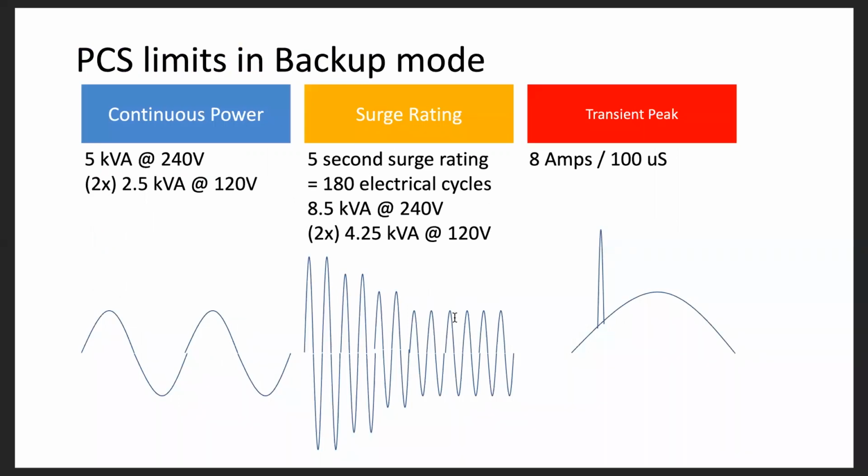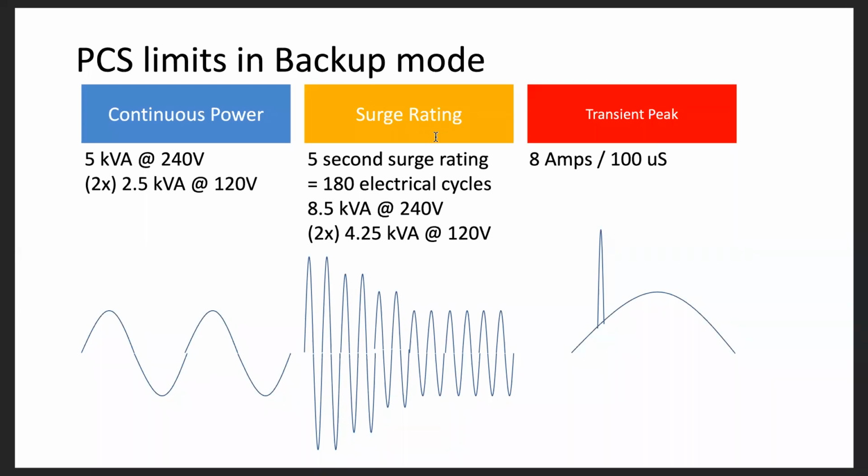And then looking at the PCS limits of the Evolve when in backup mode, that bidirectional inverter is a 5 kVA, so its continuous power rating is shown here on the left, about 2.5 kVA per phase, and it's got a surge rating of a maximum of 170% of nameplate, which is 8.5 kVA for about 5 seconds.